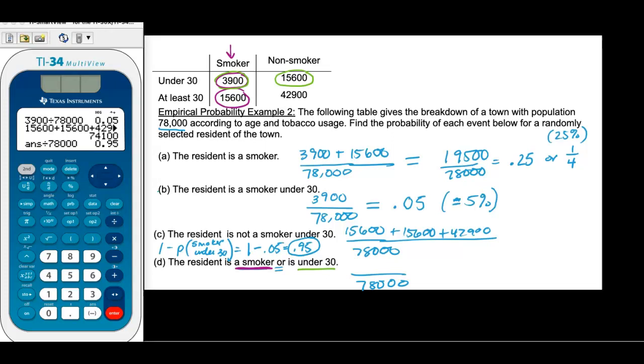Here's the thing, you don't need to double count these 3,900 people. So we're just going to write all of those three numbers down. So 15,600 plus 3,900 plus 15,600. And we're going to add those all together and divide by 78,000.